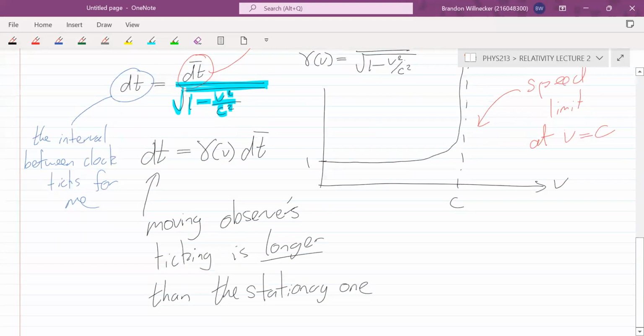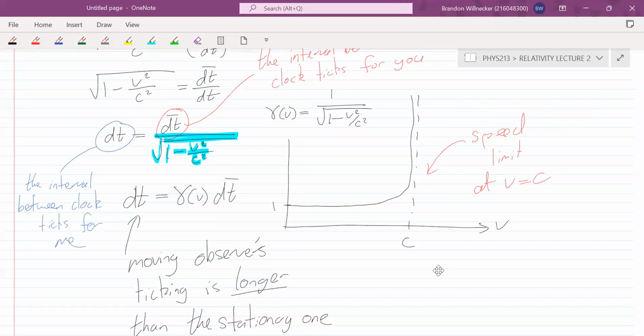Okay, because of this gamma factor between the two observers here. Notice if v, this velocity, is very, very small compared to the speed of light, so let's say we're somewhere over here, then this gamma factor is almost 1, which means that the two ticking rates are the same, which is what we experience every day.